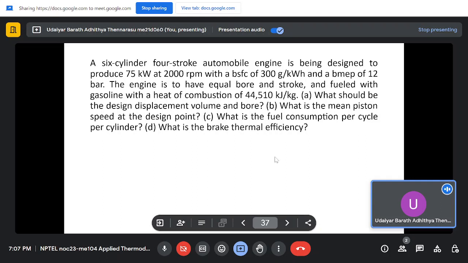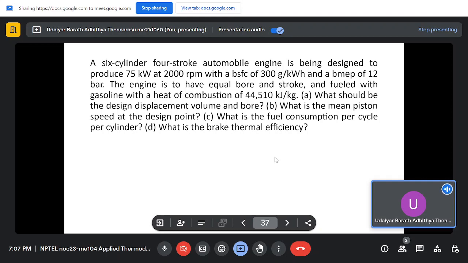Brake mean effective pressure is 12 bar, so that is also given. The engine is to have equal bore and stroke and be fueled with gasoline with a heat of combustion of 44.51 megajoule.